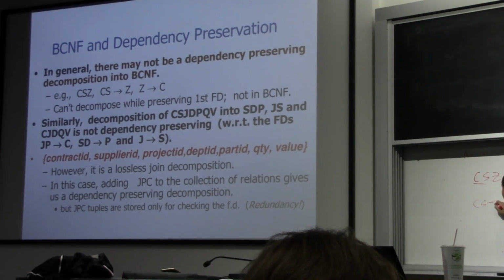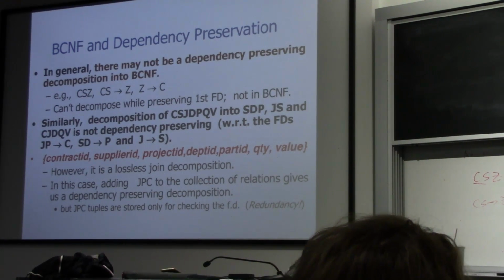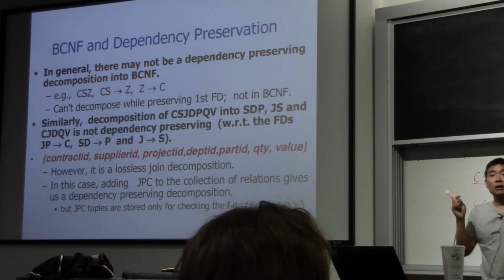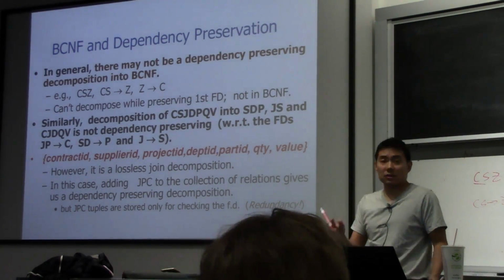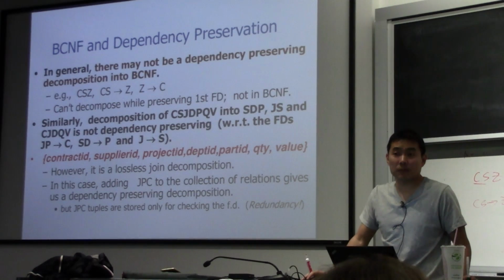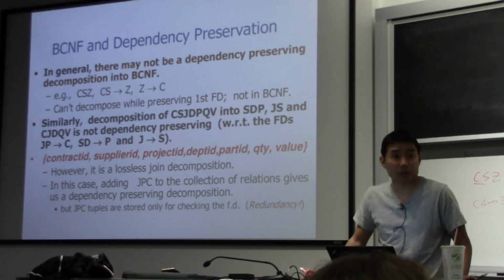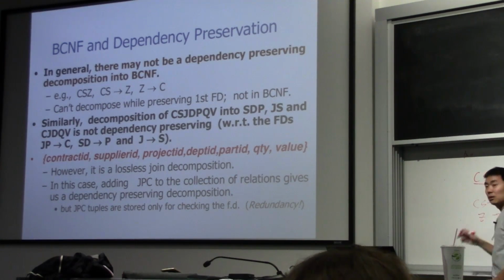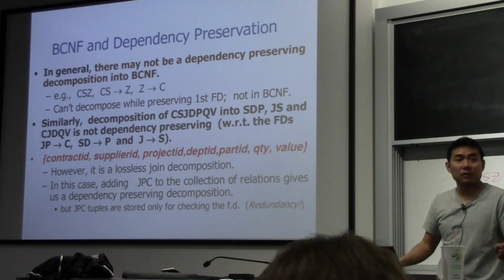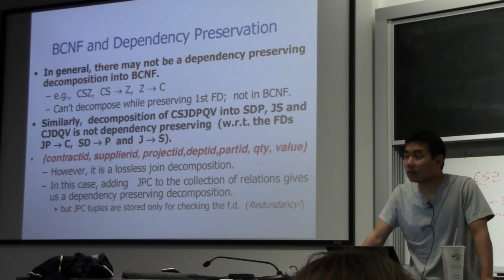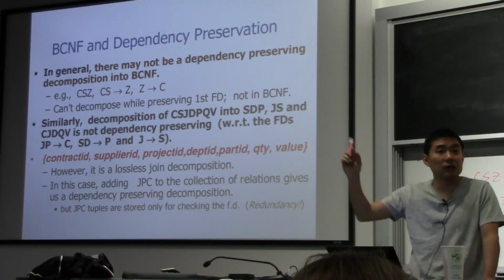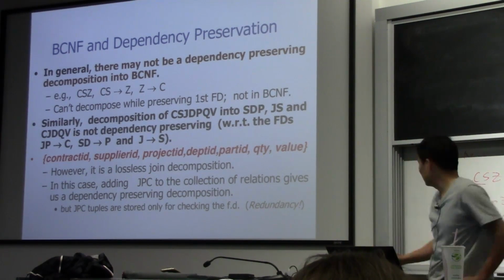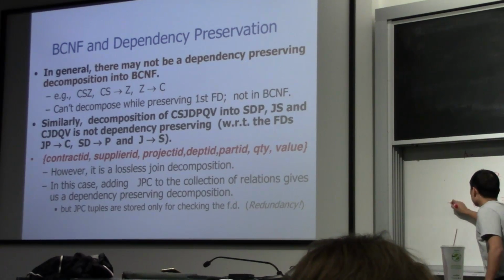That gives you CS determines D. And the other thing I know, each customer has a unique price, no matter which supplier you're talking about, for all the contracts he or she signs. It means if you know the price, you know the customer. So D determines C. So those are my functional dependencies.